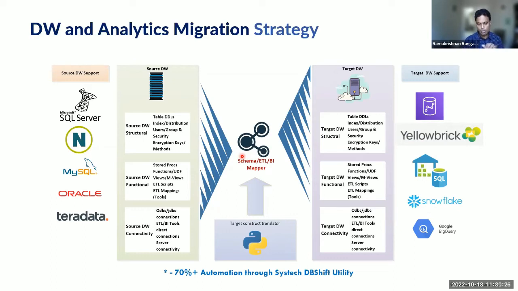So DBShift knows a setting XYZ in Netezza is an equivalent setting ABC in Yellowbrick for Informatica, for example. So it does that kind of mapping, and that mapping is what is used for the automation of migration as well as validation, right?